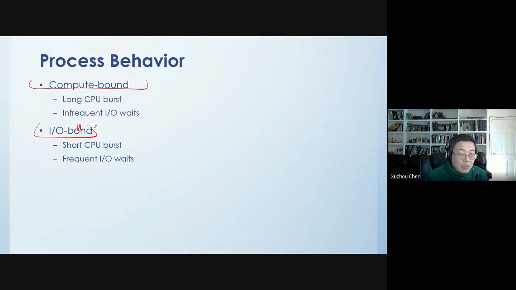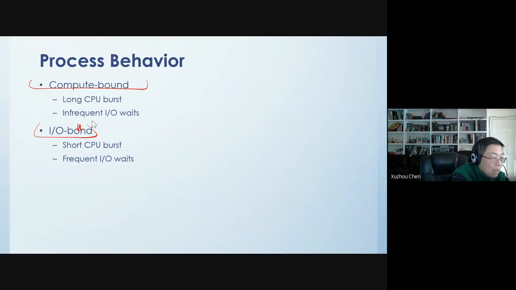If you use Line or Instagram or any kind of chatting software, most of the time you don't use the CPU, but only periodically, when you type something and hit enter, there's some kind of burst in the CPU. That means you suddenly use the CPU to process this message. But most of the time, your CPU is idle.